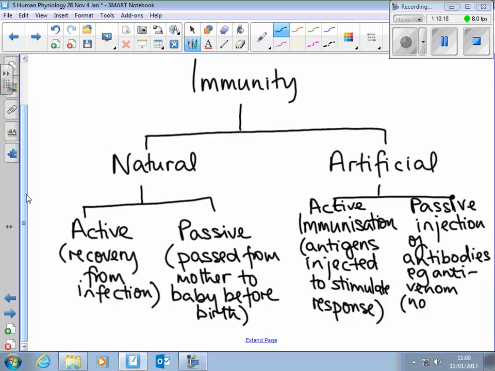No memory cells made. So you don't have that long-term immunity in that case. It's an immediate protection, and that's it. It will clear out the damage at that point, but it won't actually protect you any longer.